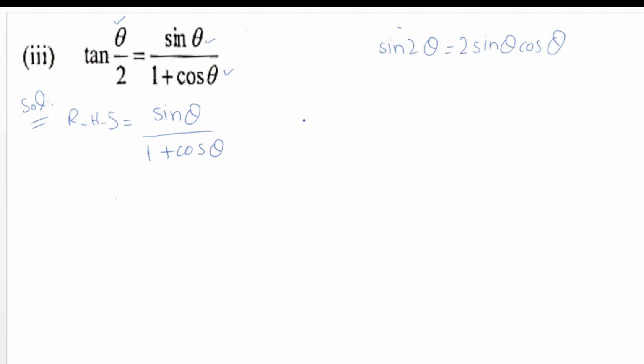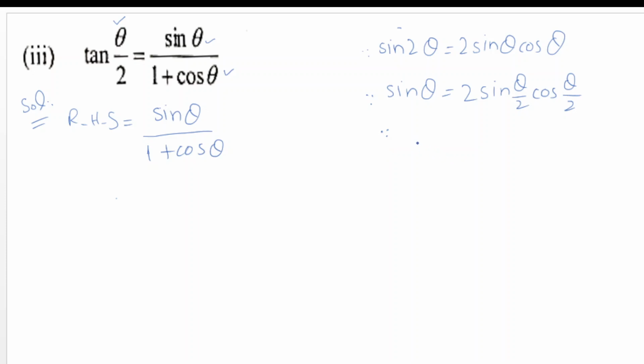If I remove the 2 from the angle, the angle becomes half. So it becomes 2 sine theta by 2 and cos theta by 2. Now in the denominator it is given 1 plus cos theta.